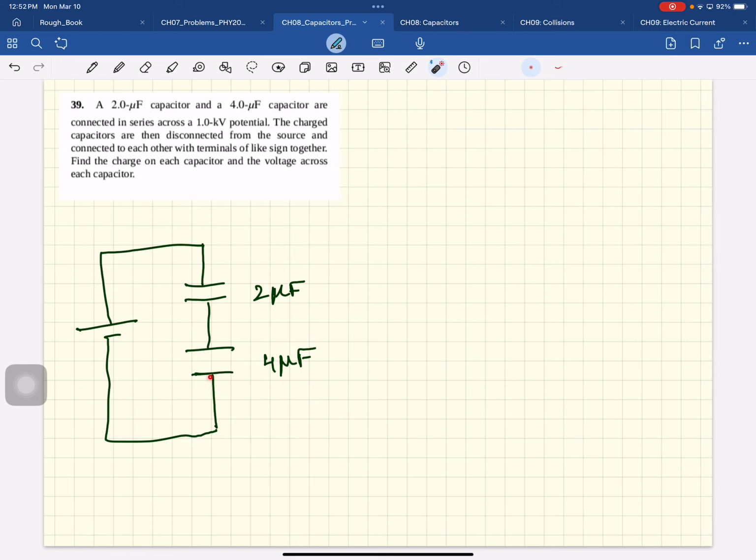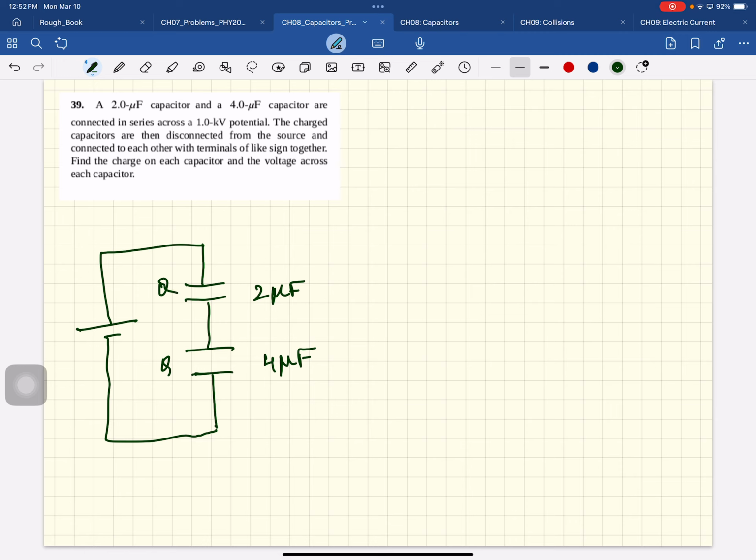These 10 electrons will repel 10 electrons from this plate. And this plate will get 10 electrons. And then these 10 electrons will repel 10 electrons from here, which will go there. So when you have a series combination, the charge that sits on each capacitor is the same.